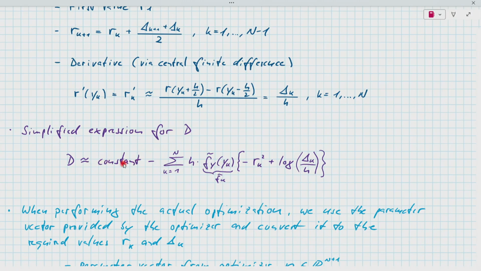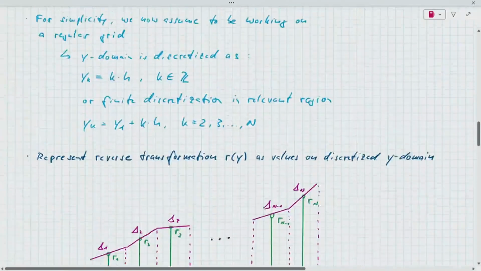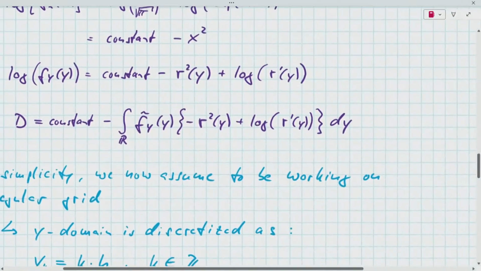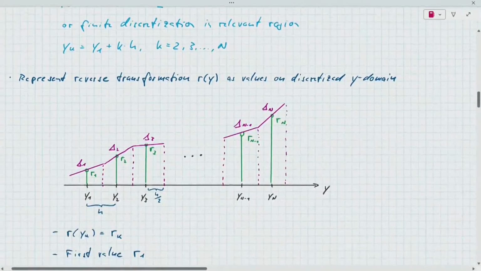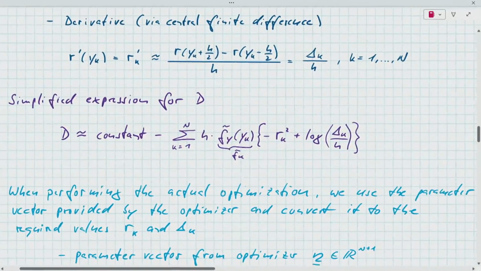So d was a constant, perhaps we can go back. It was this constant times the integral of the function, minus r squared of y plus the log of r prime. This was our function, and here we have this approximation of the derivative on our discrete domain, and we just have to plug in the domain points, the discretized points of the domain for this y.